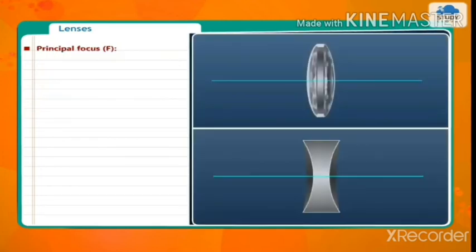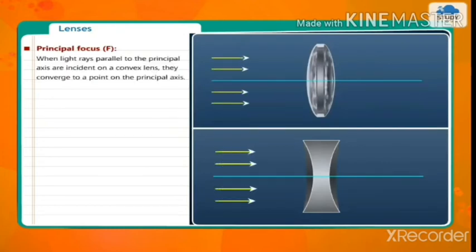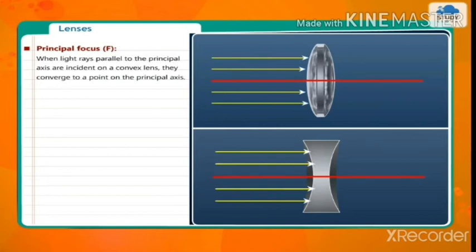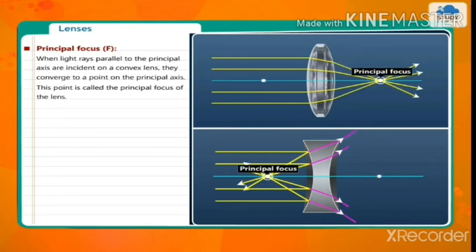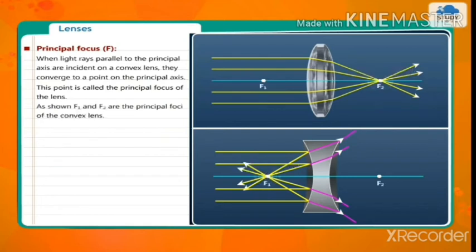Principal focus, denoted by capital letter F. When light rays parallel to the principal axis are incident on a convex lens, they converge to a point on the principal axis. This point is called the principal focus of the lens. As shown, F1 and F2 are the principal foci of the convex lens.